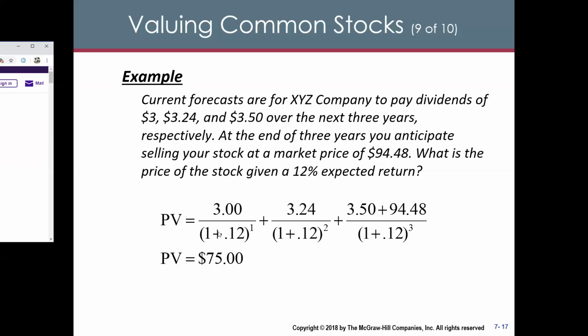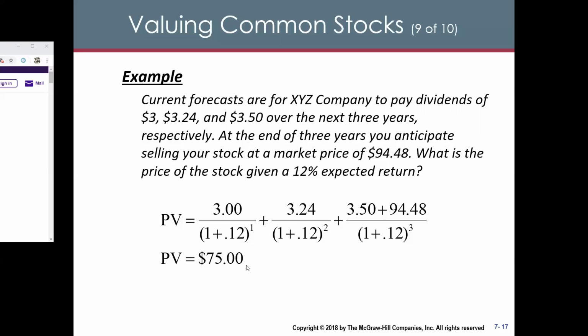Adding these discounted cash flows together, we get a present value of $75. So if you forecast to receive this future cash flow and discount it back, it should be the fair value of the market price today.